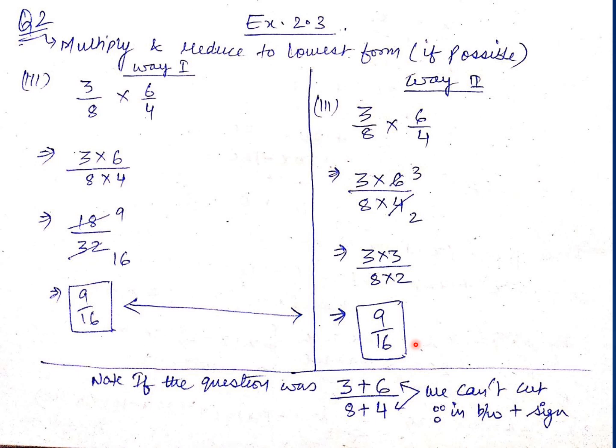So you have got two ways. In the first way we multiplied completely and then simplified it. In this case, before multiplying them, I used division and divided by 2 to make the numbers simple, and then I multiplied to get the final answer. You can choose any of the ways.